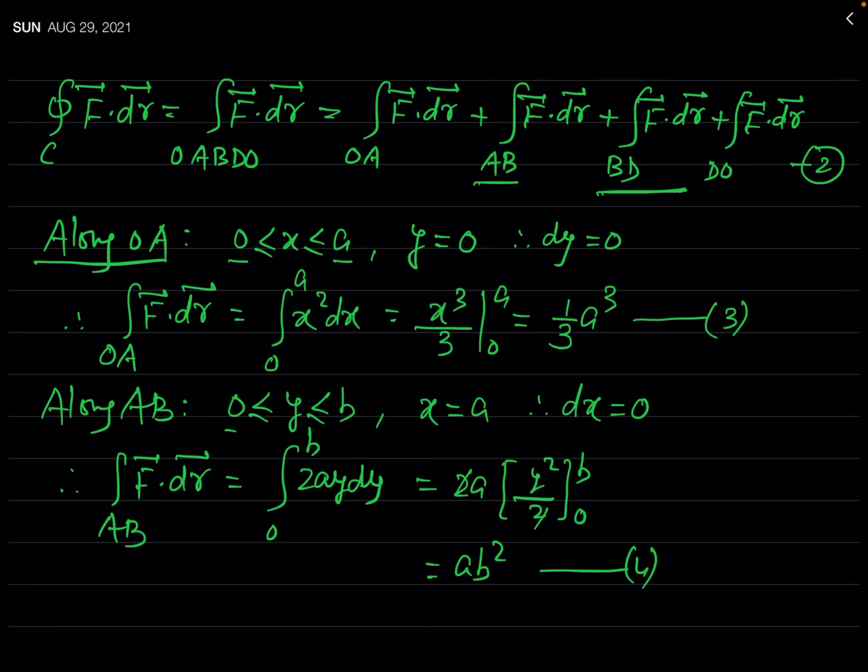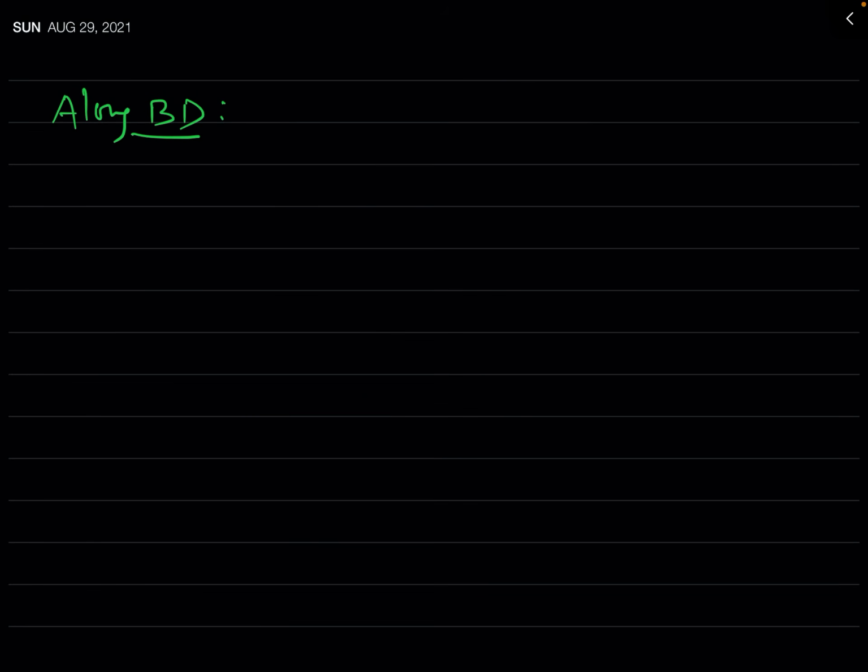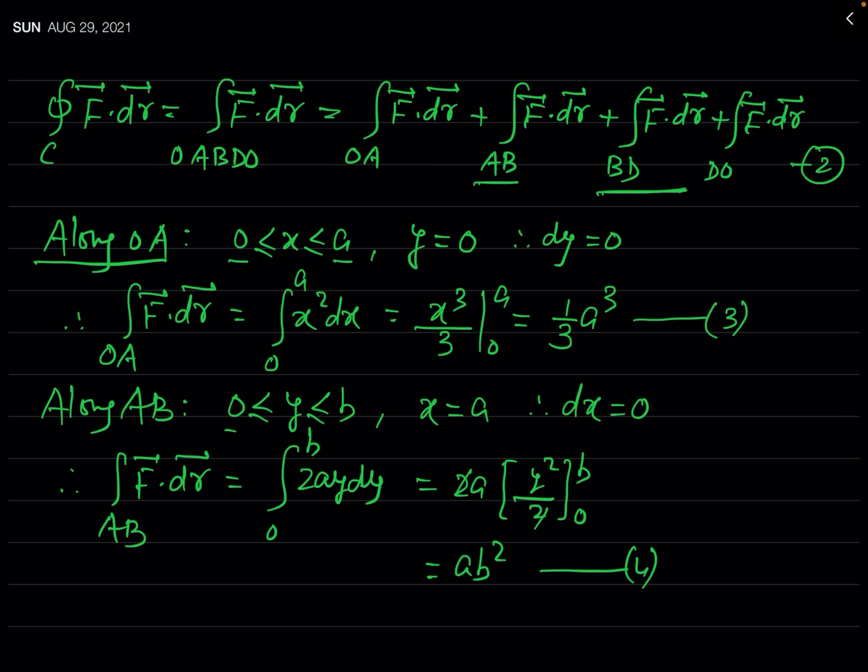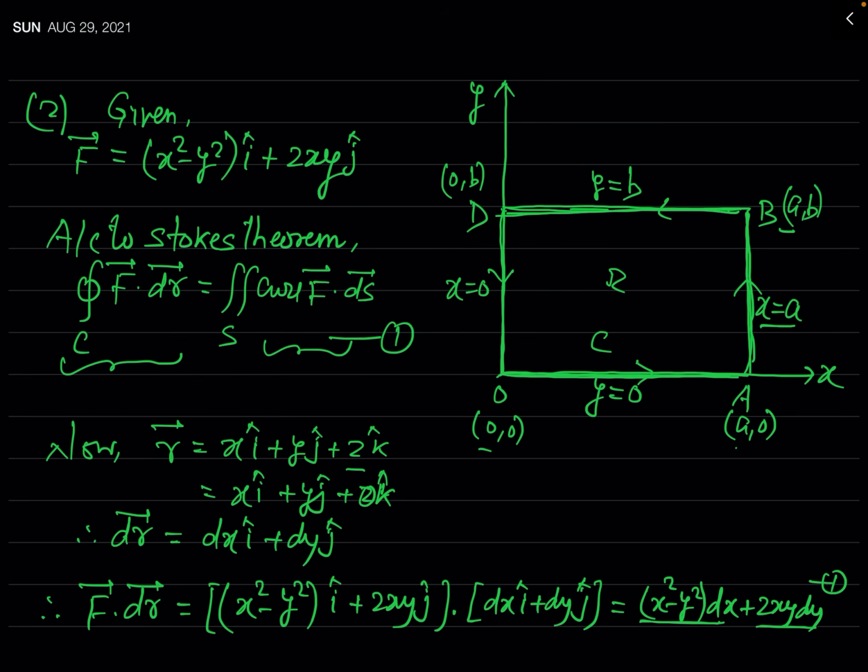So along the path BD, x varies between a and 0, and y is fixed at the value b. Now since y is constant, dy is equal to 0. So in this condition, what will be the value of f dot dr?